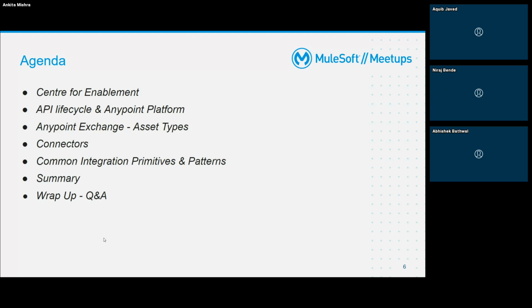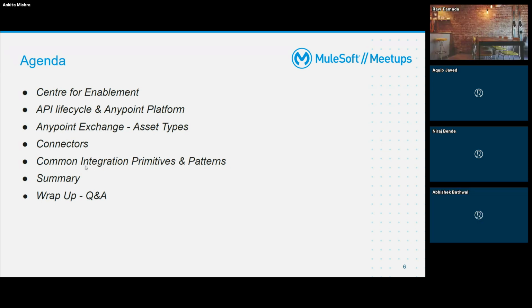In part one of this series, we covered a few topics that I'm going to start with as a part of the revision, followed by these topics today: what is a C4E team, what is Anypoint platform, and some common integration primitives and patterns. Of course, the forum is always open for question and answer. During the training as well, if you have any questions, confusions, or inputs, I would highly appreciate it. Please feel free to unmute yourself and share your thoughts.